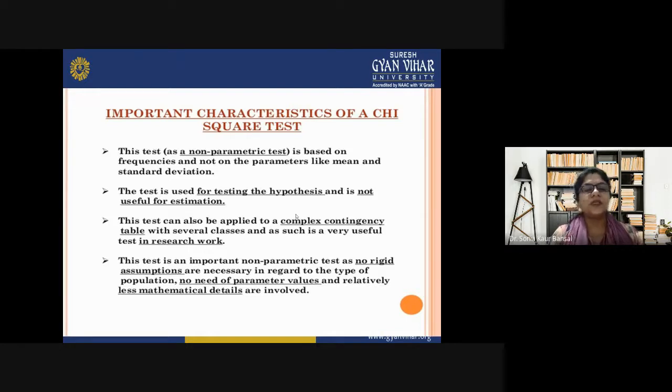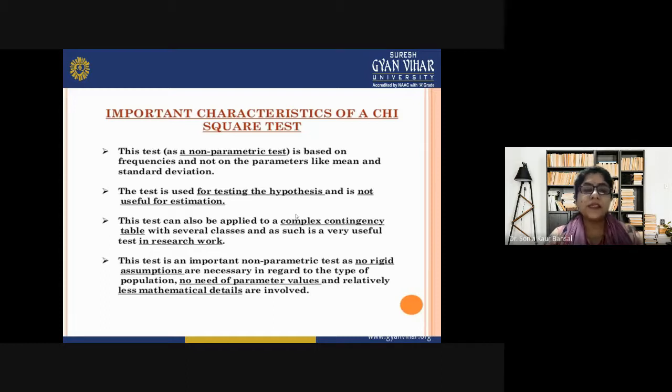We have seen in earlier lectures, when we were studying the t-test, that when we want to see the difference of mean and standard deviation, then we are looking for a parametric test. That was the t-test. But chi-square doesn't observe that. It works on the observation of frequencies.